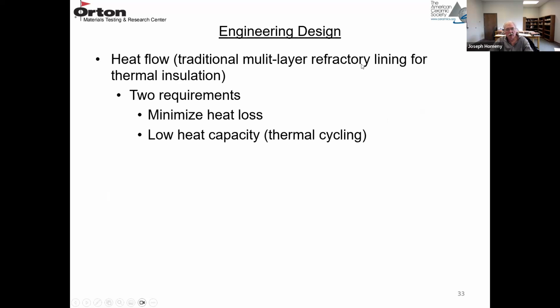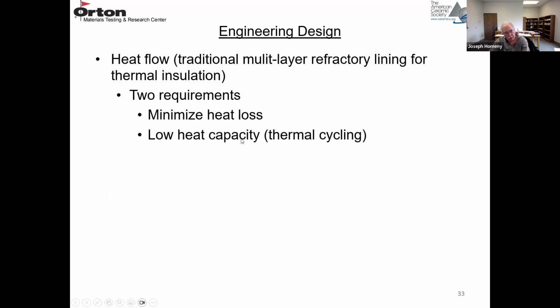So on these multi-layer refractory linings, you usually design them to minimize the heat loss. And the lower the heat capacity of these materials, the better they are. They're used in a thermal cycling situation.